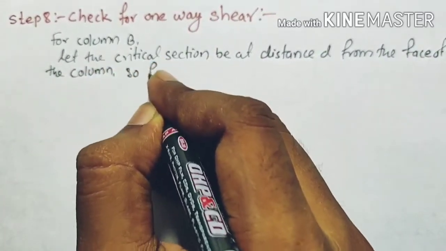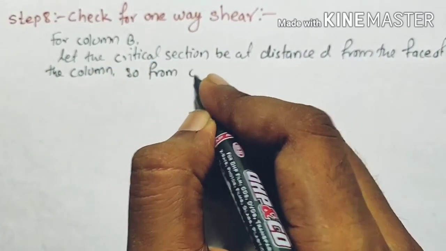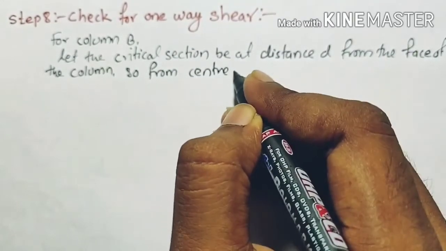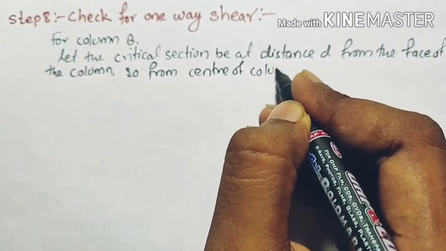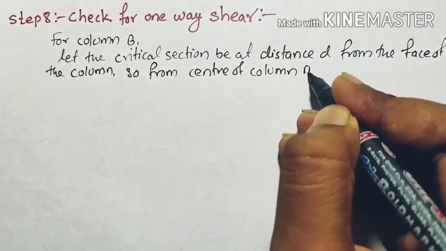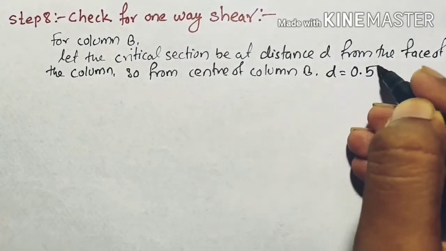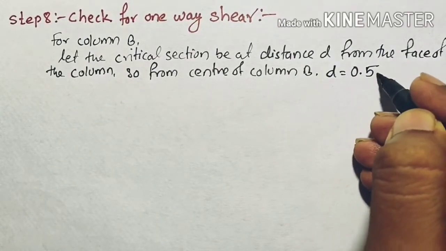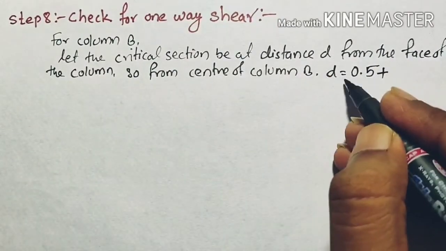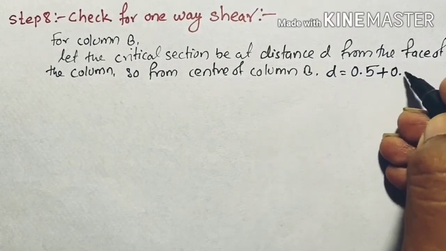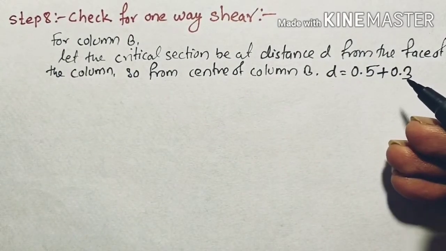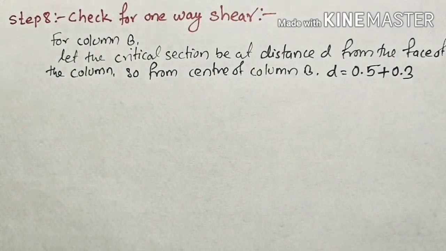So from the center of column B, we will have D equals 0.5, which is the depth of the section or distance D, plus 0.5 of the dimension or the length of the column.